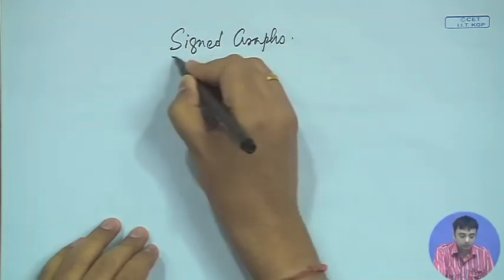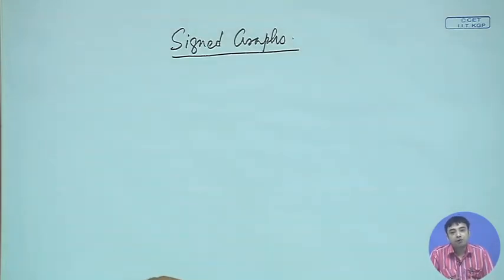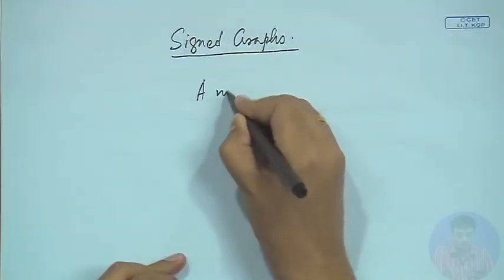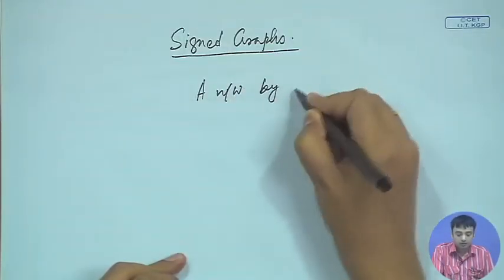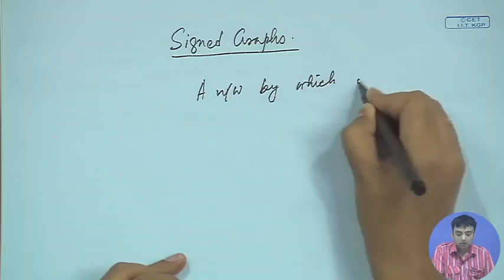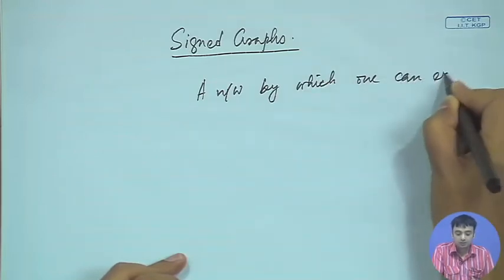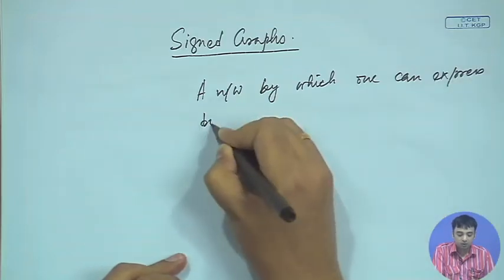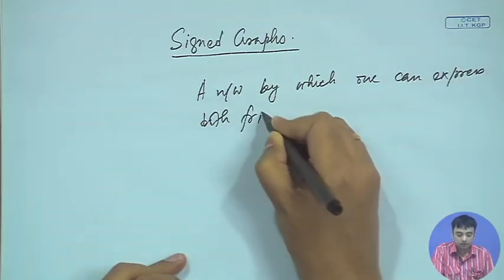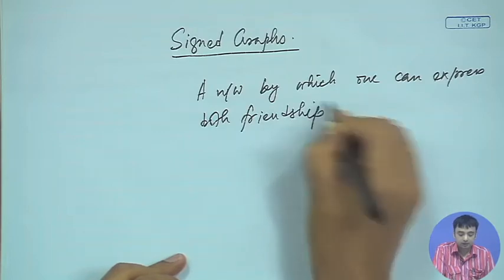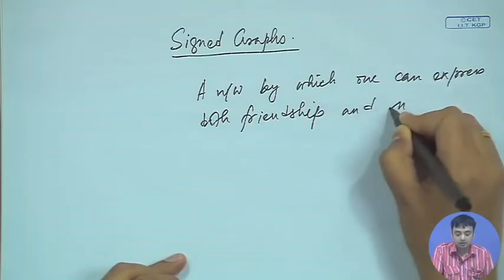Basically, this is a formal structure of graphs through which you can express, for instance, in a social network or a friendship network, both friendship as well as enmity.